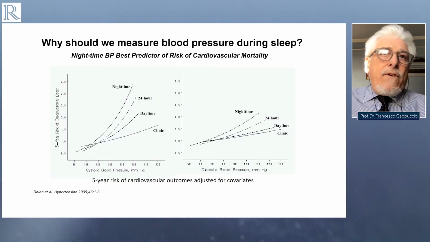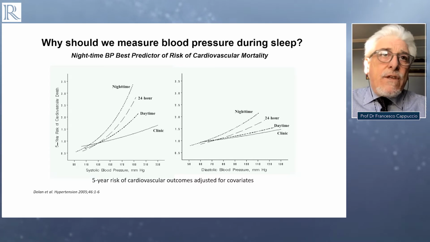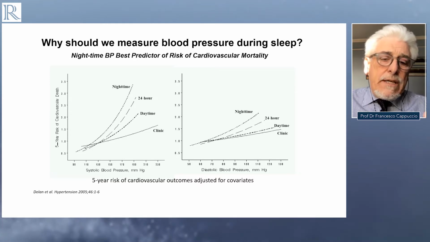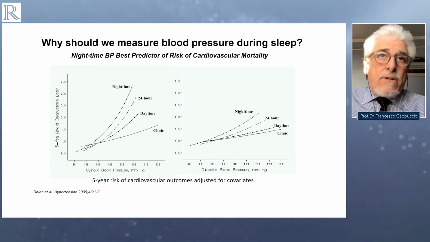The prospective follow-up studies are in agreement to show that the best predictor of future cardiovascular events is the average nocturnal blood pressure, both for systolic and diastolic pressures. And these are studies carried out prospectively in large groups of patients having undergone 24-hour blood pressure monitoring.